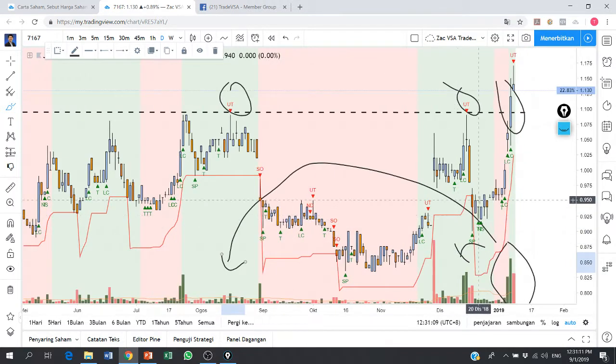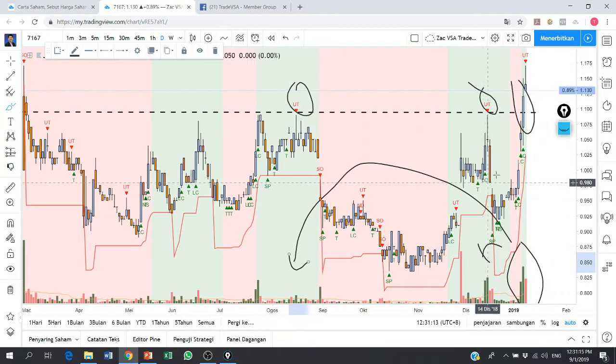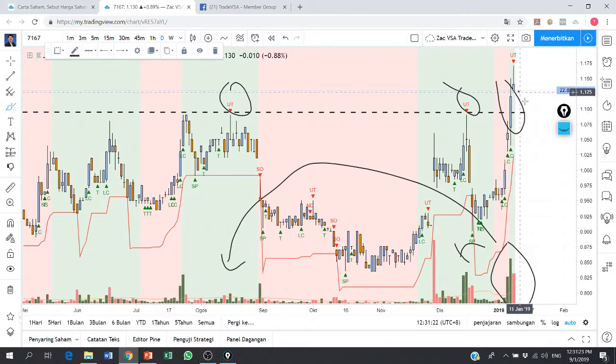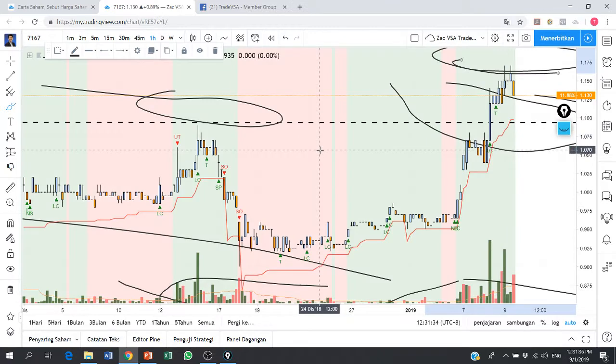So if you are looking to enter, J-Link is looking to enter, there's a good chance for you to enter today. We have a narrow spread, no doubt, currently forming a sell upthrust. Wait for it to pull back, because sellers are already coming in. Let's have a look at the hourly charts, whether we can see any strength or not.